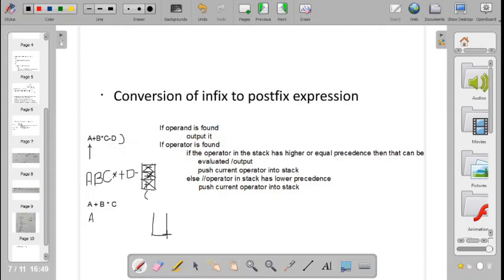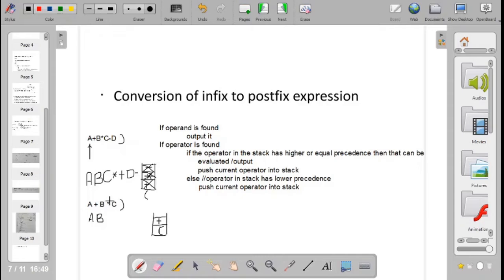We said already there will be an opening bracket here, that is the algorithm specification, and similarly a closing bracket at the end of the string also, and you push plus. Pushing plus. Then we come across b, which is output.